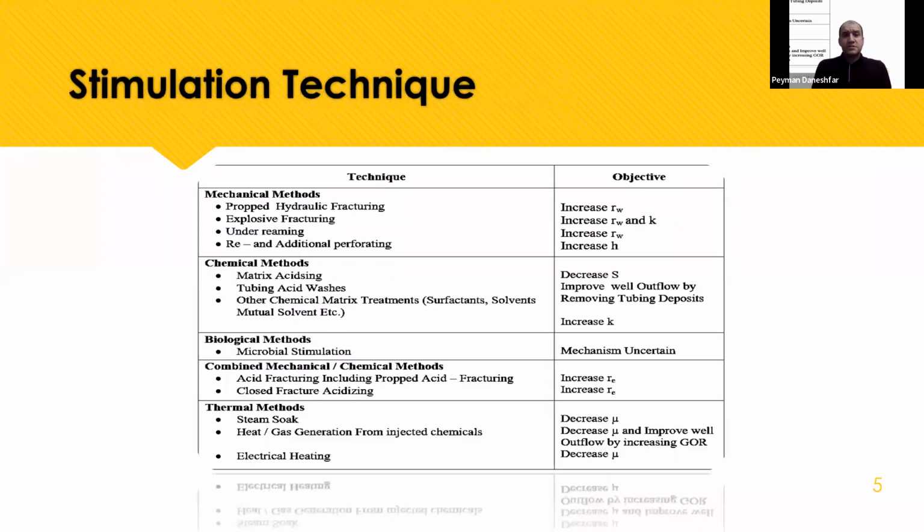Here we have some stimulation techniques: mechanical, chemical, biological, or combined mechanical and chemical, and thermal methods. But here we just want to talk about matrix acidizing, and acidizing may be chemical or combined mechanical and chemical, which leads to a decrease in skin factor.